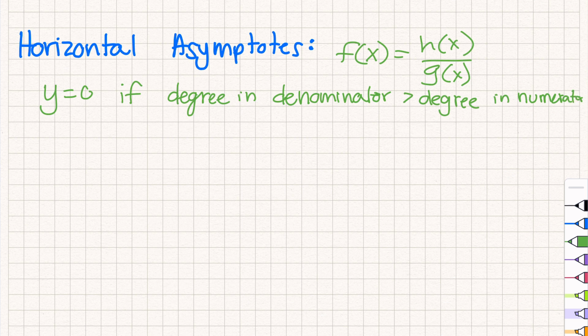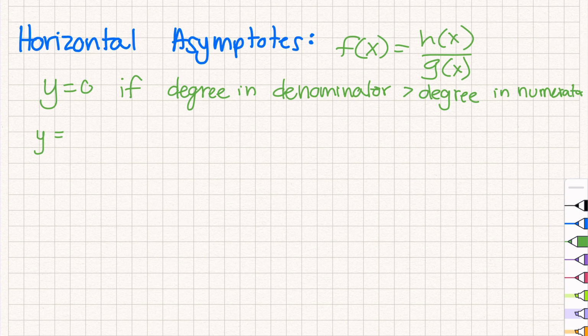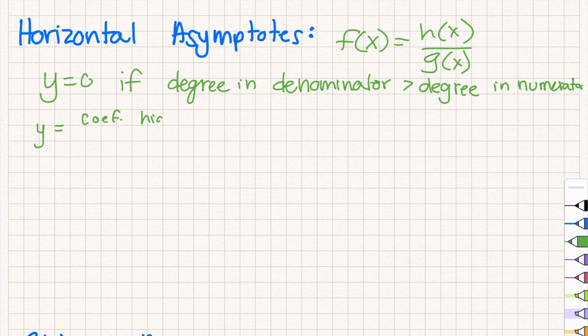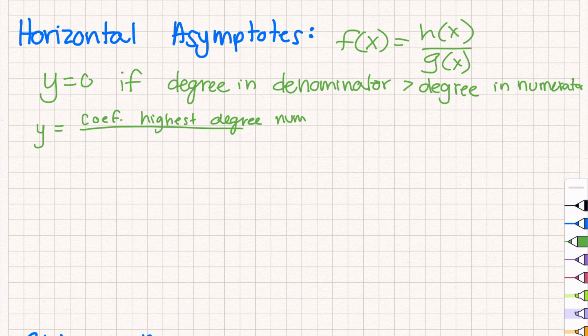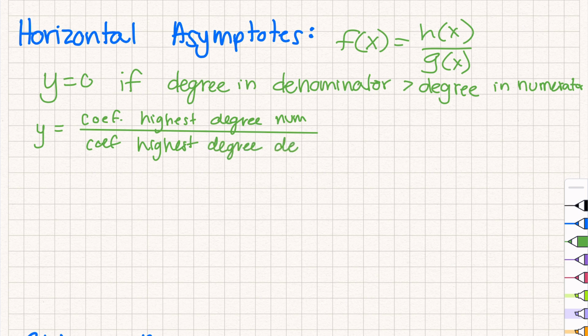Now, y is going to equal the coefficient of the highest degree in the numerator divided by the coefficient of the highest degree in the denominator.